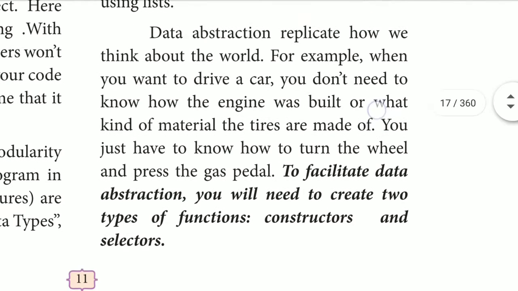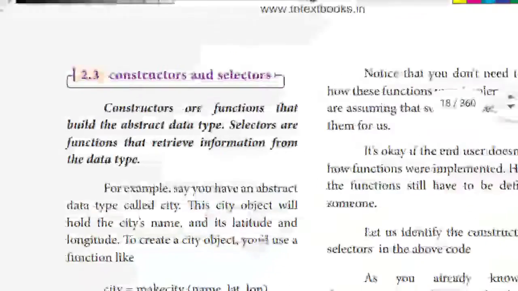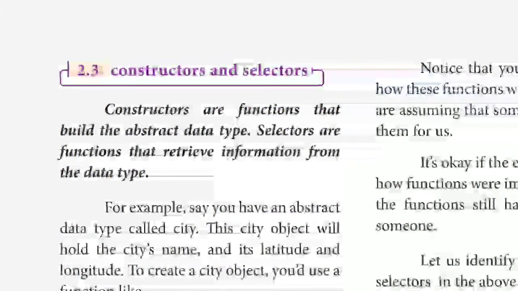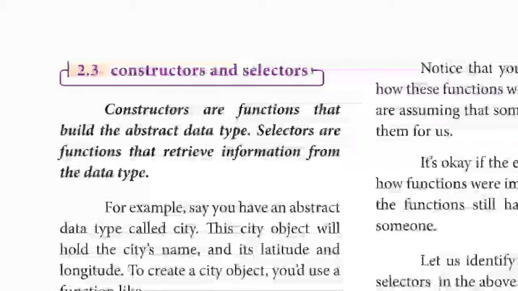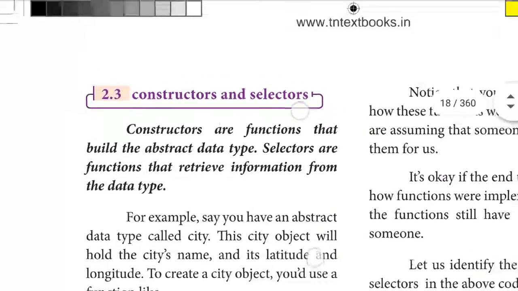To facilitate data abstraction, you need to create two types of function known as constructors and selectors. We'll see what is a constructor and what is a selector. Constructors are functions that build the abstract data types. Selectors are the functions that retrieve information from the data type.